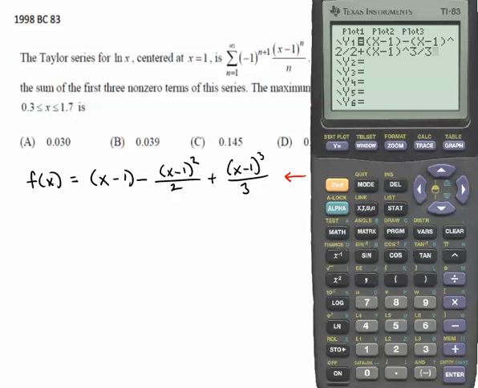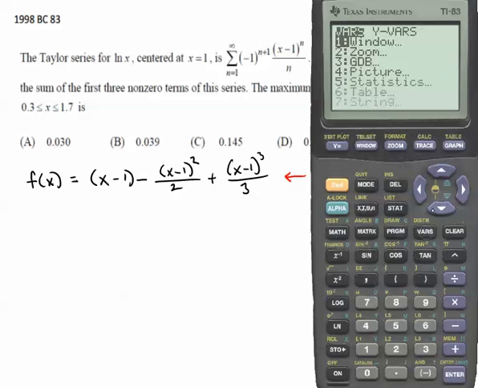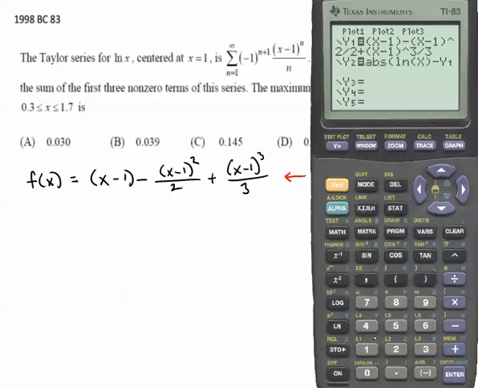But what we're looking for here is the absolute value of the difference between the natural log of x and f of x. So I'm going to come down here and set up absolute value, natural log of x, then minus y1, variables, y variables, function y1, close parentheses.